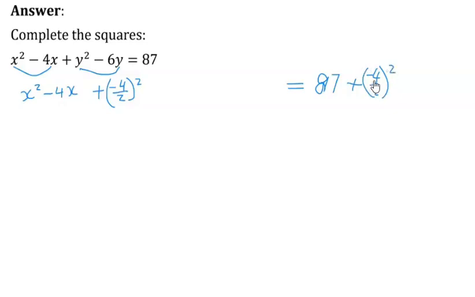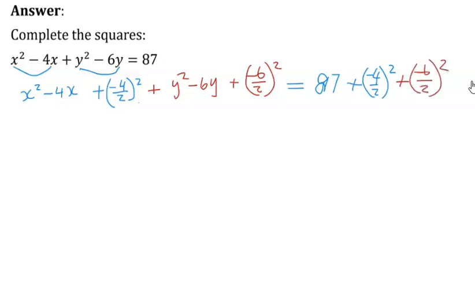I'm not interested in the value now, I'm interested in the procedure. And then plus the y squared minus 6y, I'm going to add minus 6 divided by 2 squared, plus minus 6 divided by 2 squared, and then I'm going to do simplification.